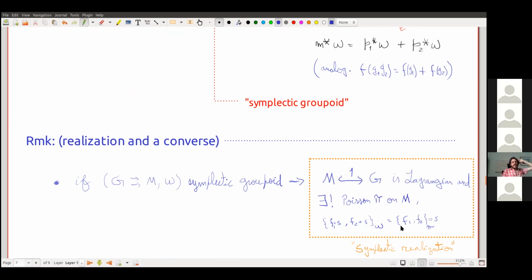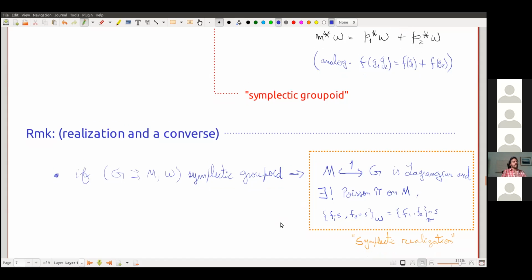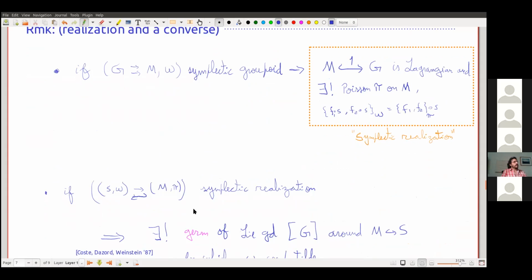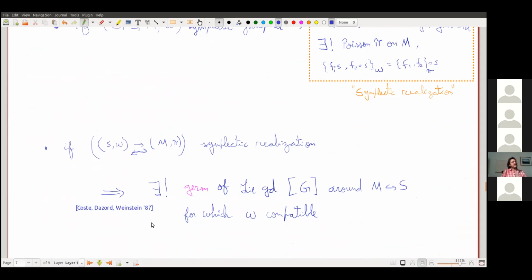The source map actually preserves brackets. So this is called the symplectic realization, because this complicated bracket, as in that picture, that could vanish at a point or have different rank at different parts, is realized by something that is symplectic, non-degenerate everywhere. And vice versa, it was proven that at least the germ of the groupoid structure is pretty much determined by the realization property.